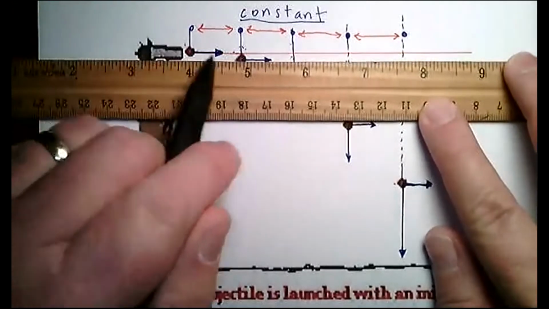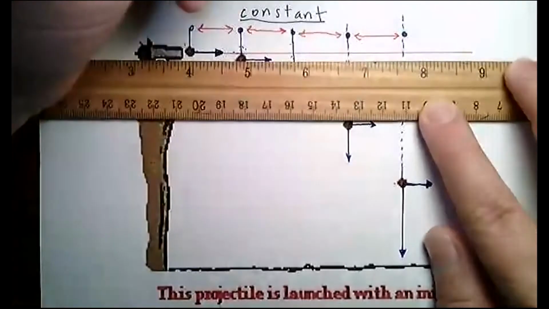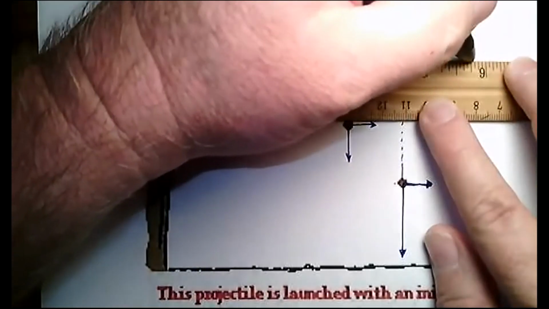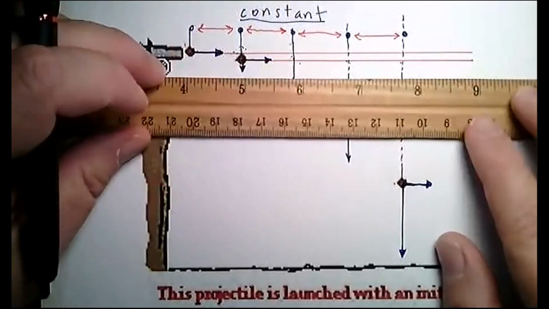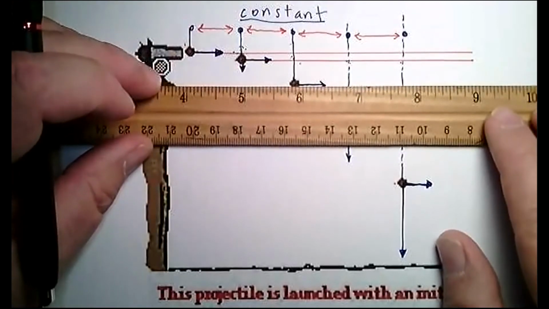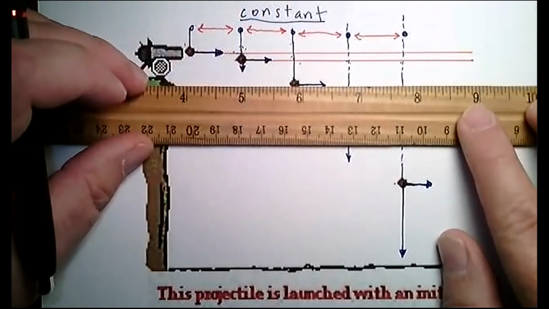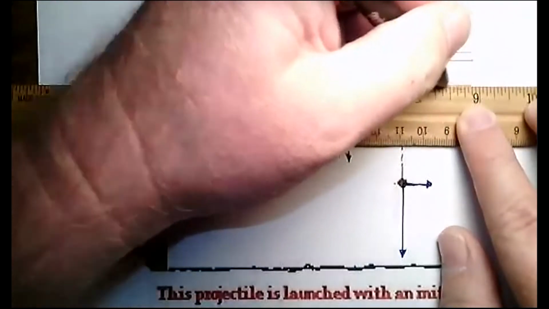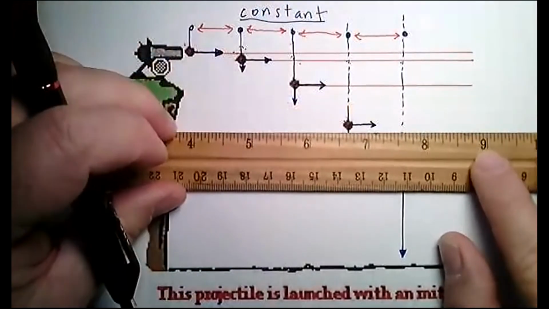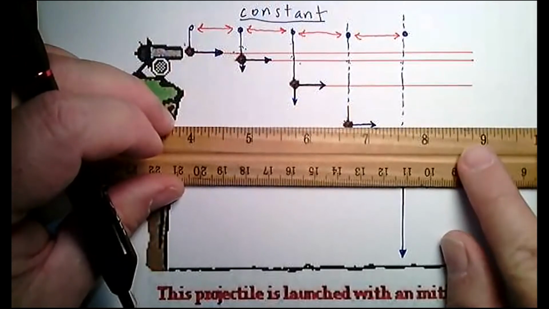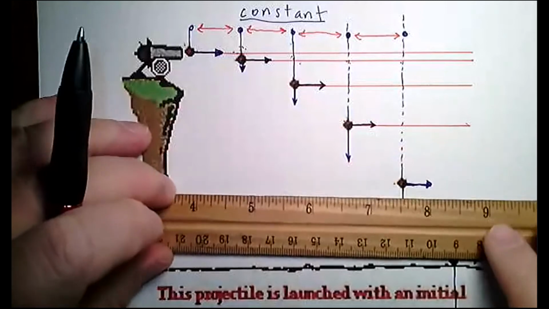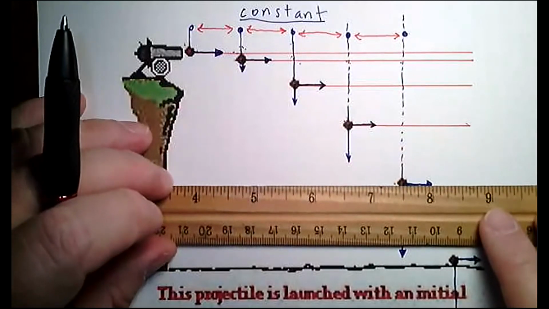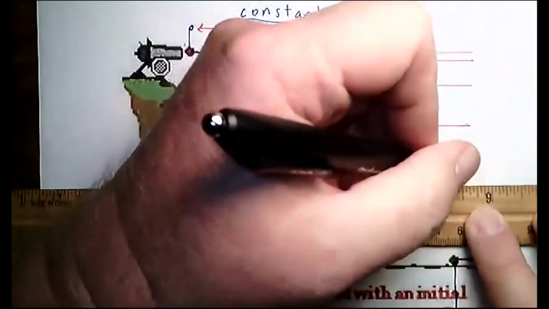If I go to the next spot where we took a picture, where we know what the location is, I'm about in that location. If we continue down, I'll just do all of these. Hopefully they're fairly straight and even lines for all of them.